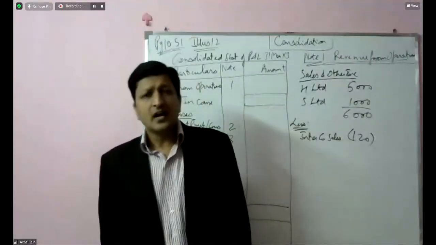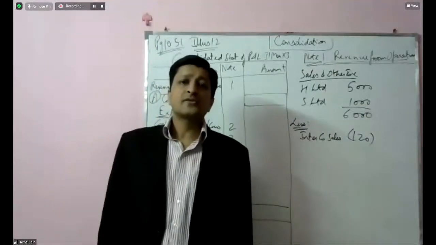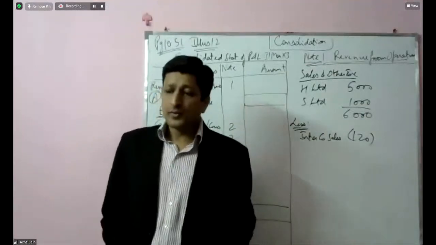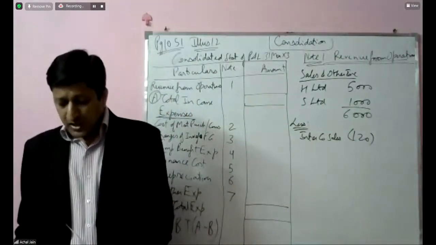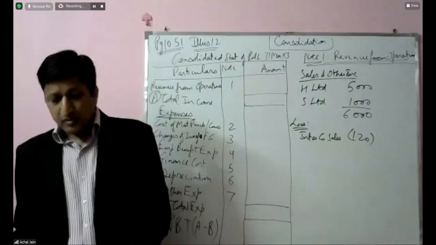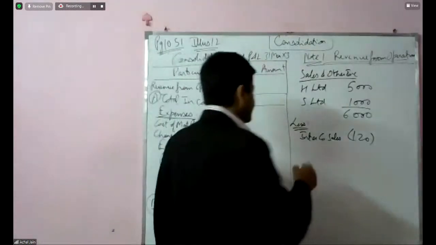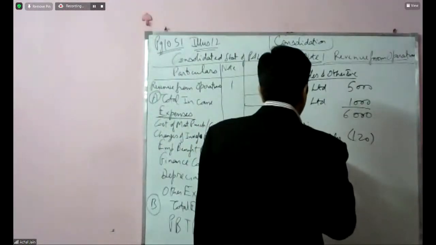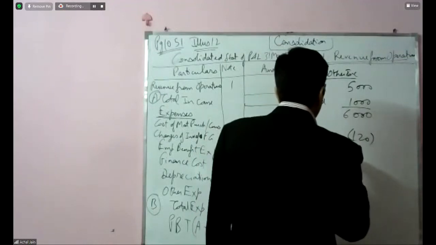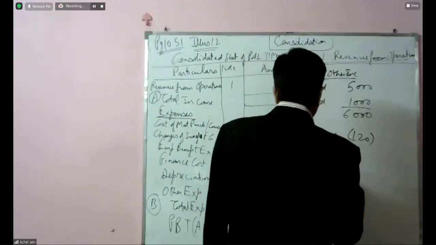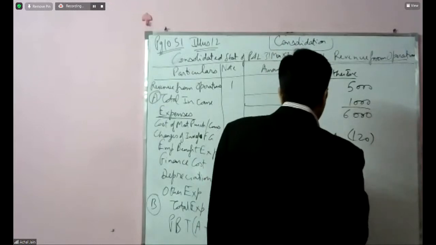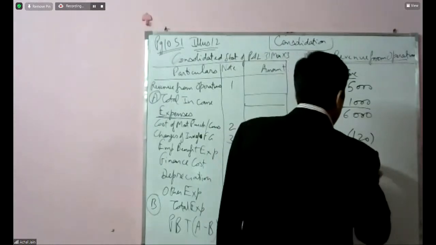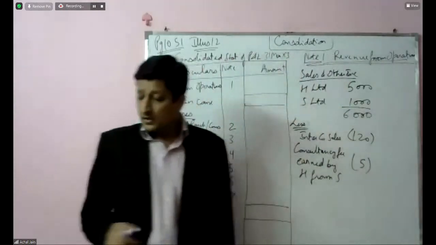That must be the income of H, which is an expense of S. So that income will also be reduced. So we'll reduce the consultancy fees of rupees 5 lakh. Consultancy fee earned by H from S. 5 will also be reduced.